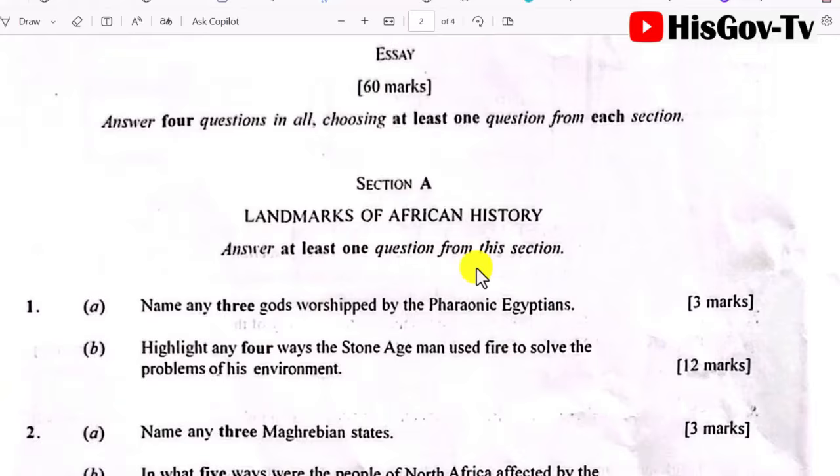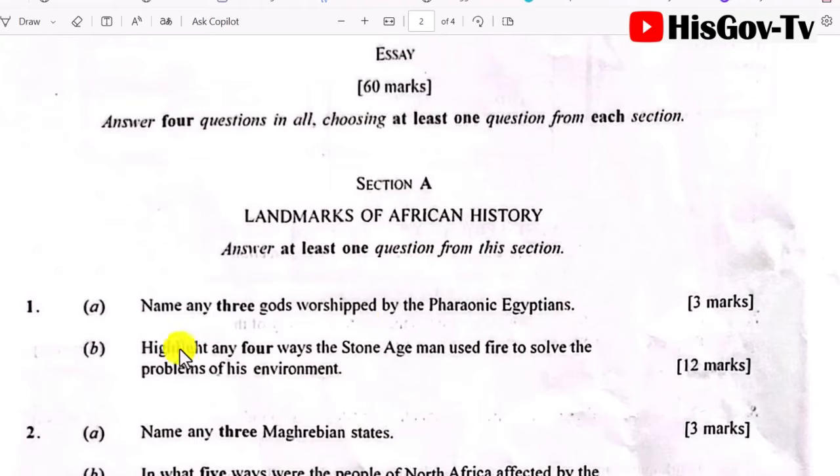The first question says, name any 3 gods worshipped by the Pharaonic Egyptians. You are just to write the names of the gods. I will show you the answers after we have read through all the questions, so do not worry, but you can still be answering by yourself. The ones you can answer, try doing that so that you compare with my answer and know where you stand.